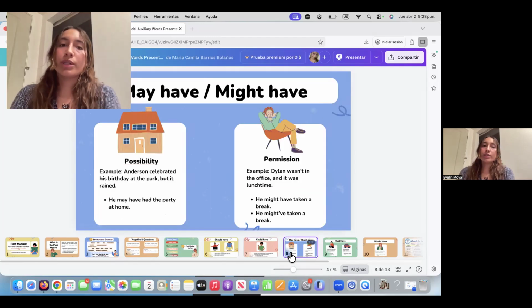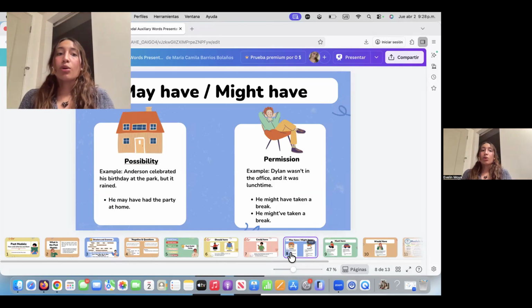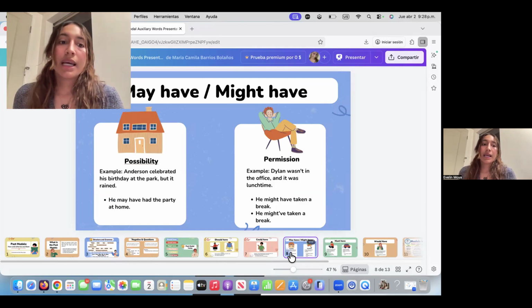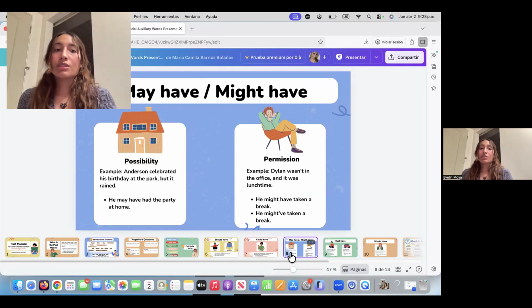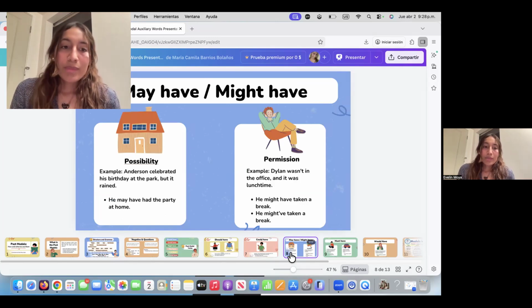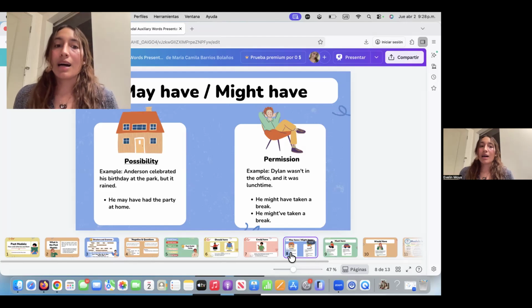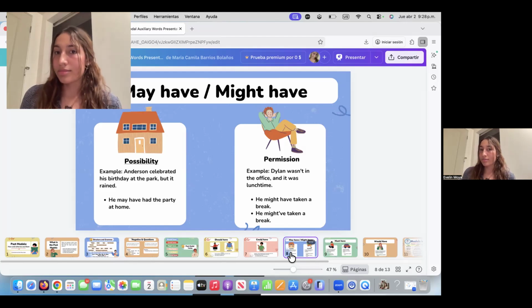Now we're going to analyze may have and might have. May have we use to express possibility. For example, Anderson celebrated his birthday at the park, but it rained. So he may have had the party at home.